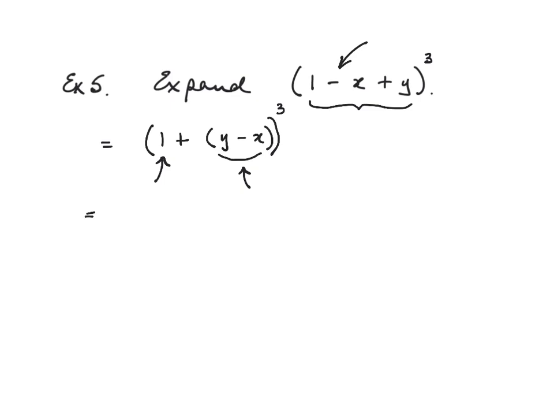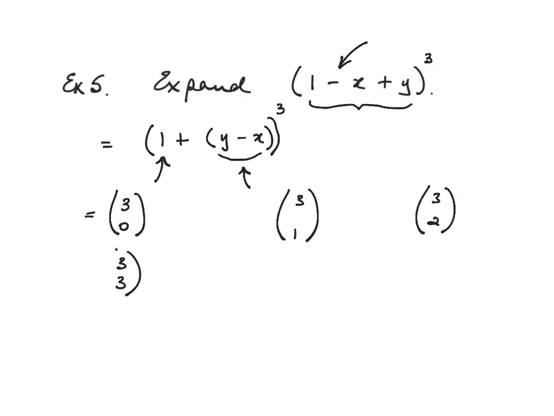So proceeding, we have binomial coefficients. It's going to be 3 choose 0, 3 choose 1, 3 choose 2, and 3 choose 3. We've got 1 to the power of 3, 1 to the power of 2, 1 to the power of 1, and 1 to the power of 0.